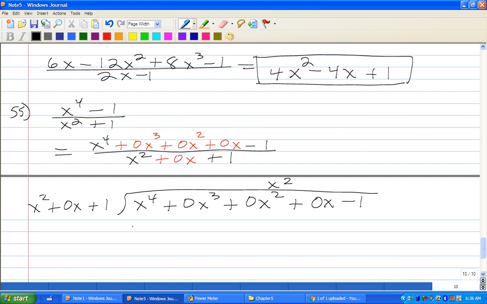And so I multiply, I get x to the fourth plus 0x cubed plus 1x squared.